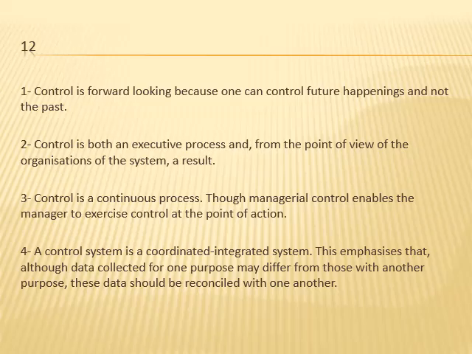In essence, a control system is a single system, but it is more accurate to think of it as a set of interlocking subsystems.